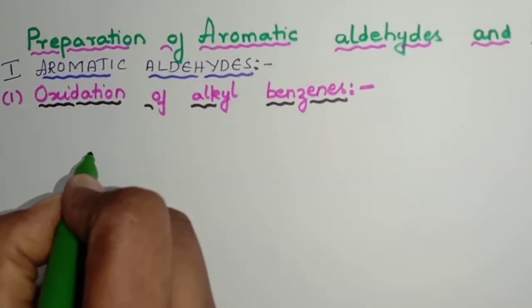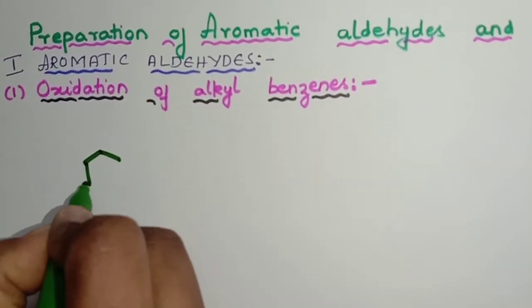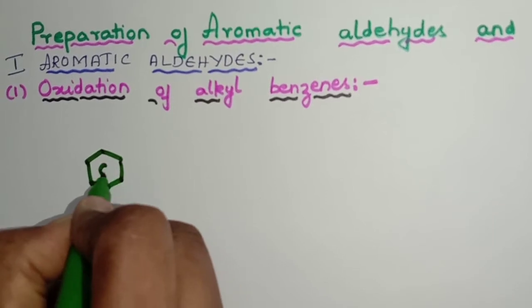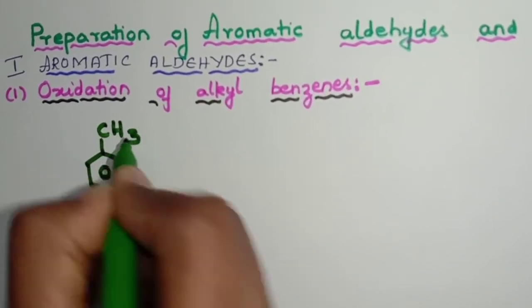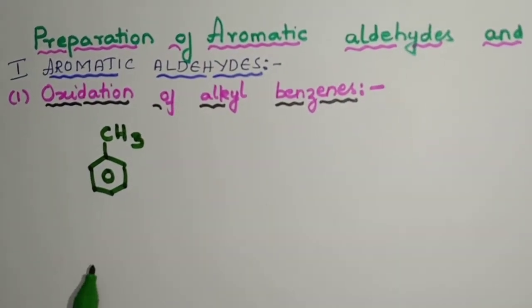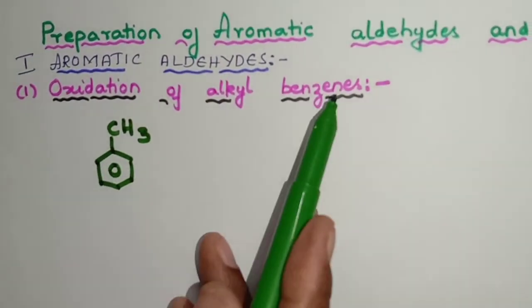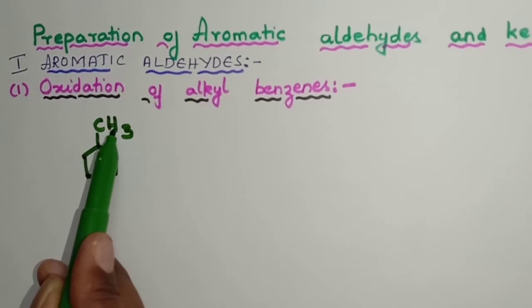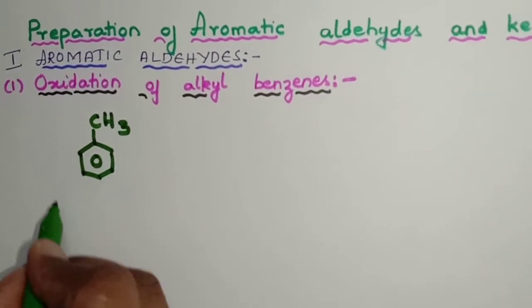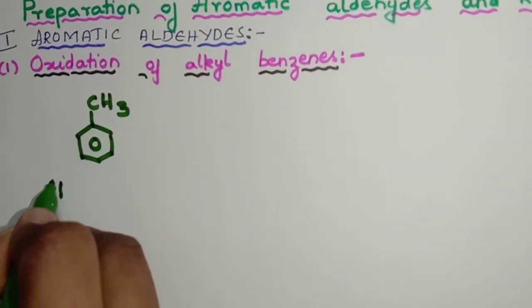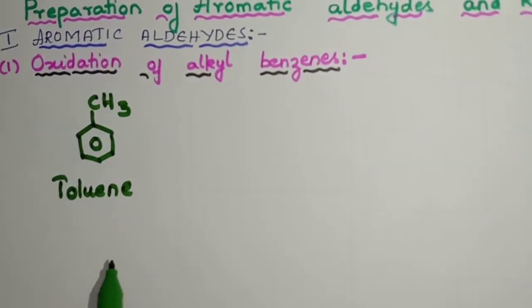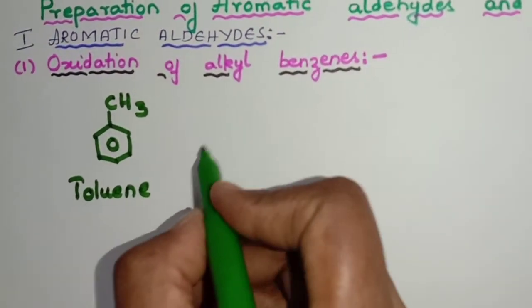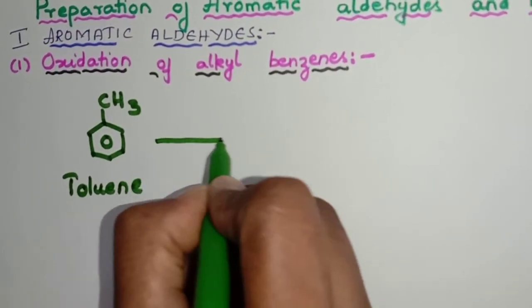I am writing here CH3 on a benzene ring. This is an example of alkyl benzene. The alkyl group is the methyl group, and this is the benzene ring. What is it called? It is called toluene, or methyl benzene.